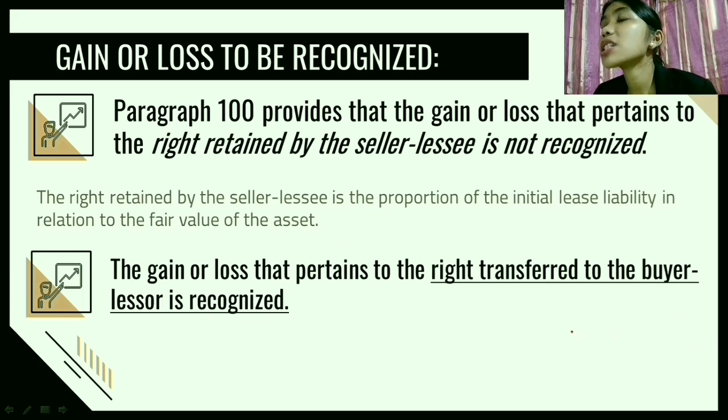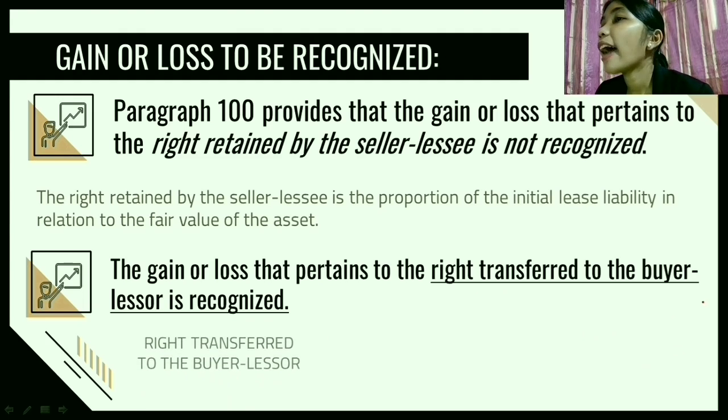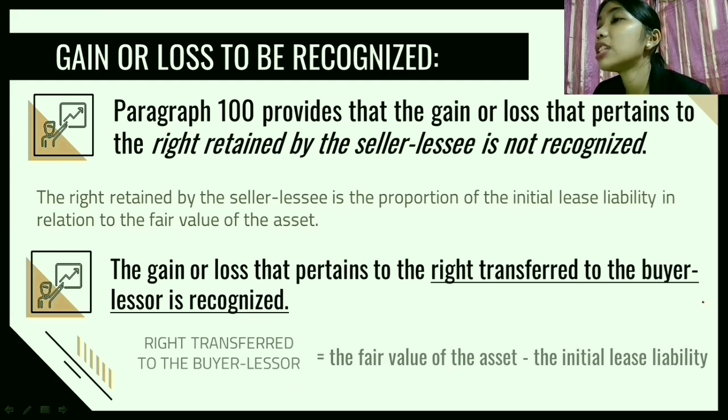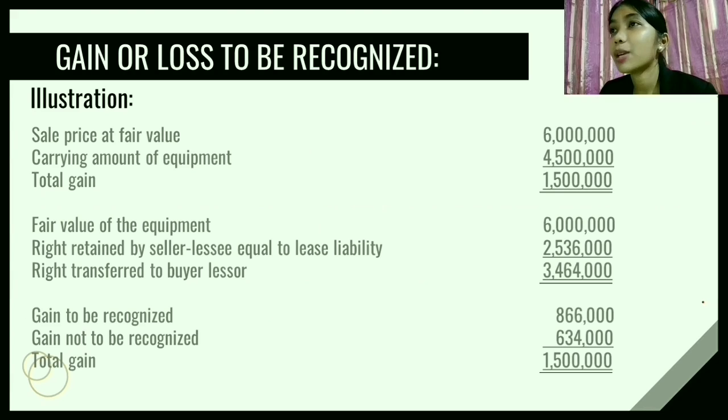And kapag naman po yung gain or loss ay kapag sa right transfer to the buyer-lessor, i-recognize po natin siya. So, ang atin pong formula to get the right transfer to the buyer-lessor is equals to the fair value of the asset minus the initial lease liability. So, para po magkaroon tayo ng further knowledge about this is the illustration.